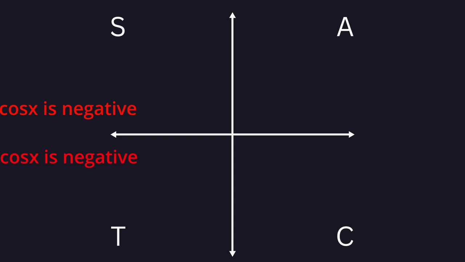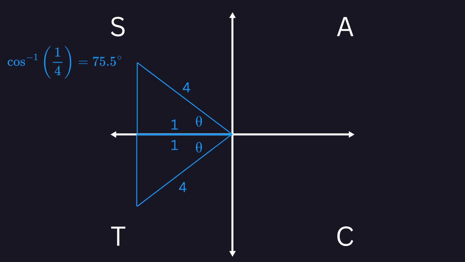What we want to do here is to set up reference triangles in each of the quadrants where cos theta is negative. And then we solve for theta individually in each of those quadrants. If we do that, we get the following. Our reference angle will be 75.5 degrees, as arccos of a quarter is equal to 75.5.